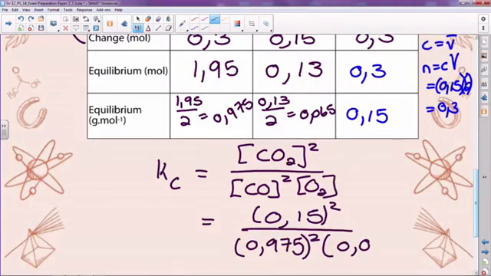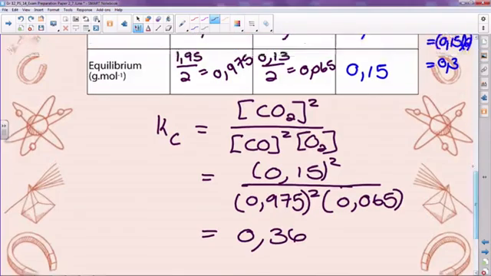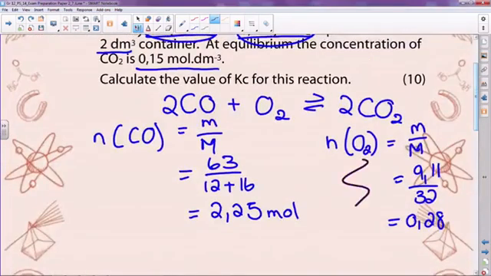This is 0,065 not squared, which is nice, and we get an answer of 0,36, which tells me that we have a lot more reactant than product. It doesn't actually matter. We can see it from the equilibrium concentrations. Once we've got the number of moles, so the trick to this question was the number of moles for the CO and the O2, grade 12s.